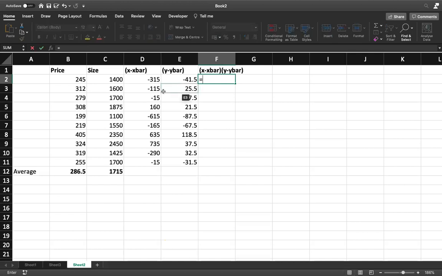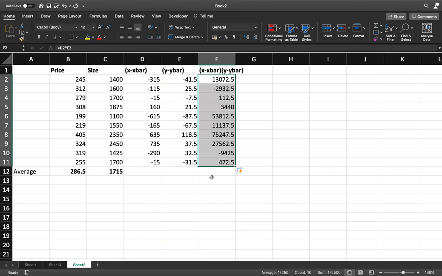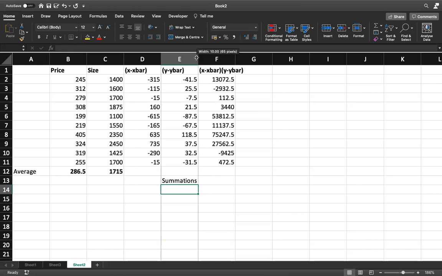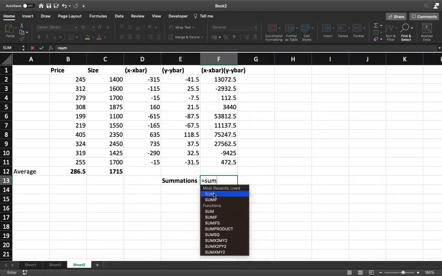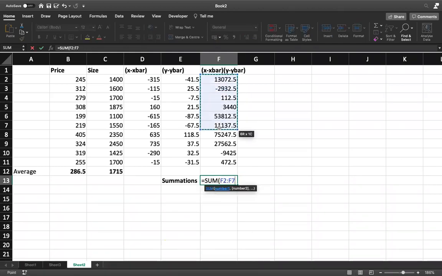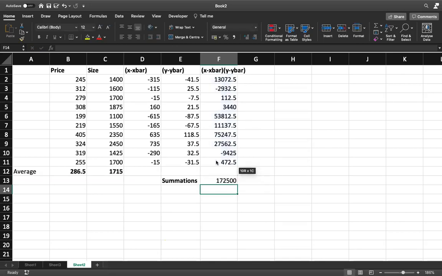Okay, so we multiply that, then we run it through, and we are interested in the summation, right? So we are interested in the sum of all the x minus x bar. We put it together, and then we sum.